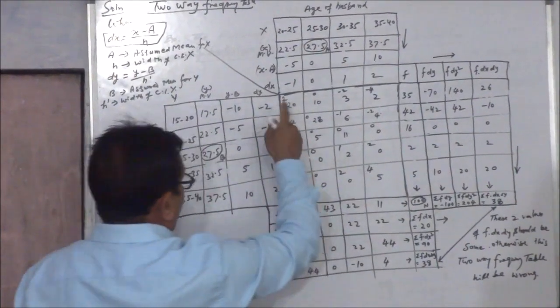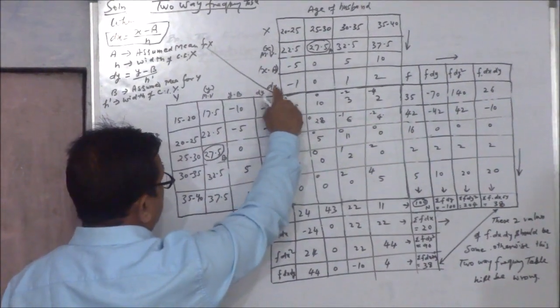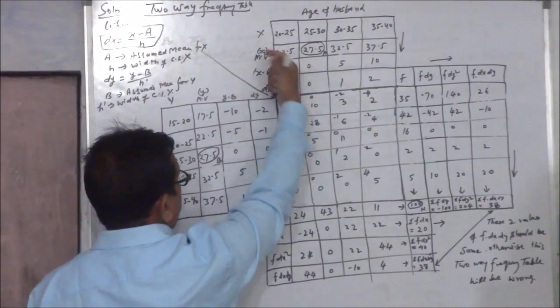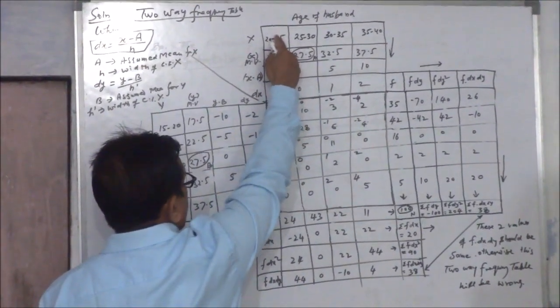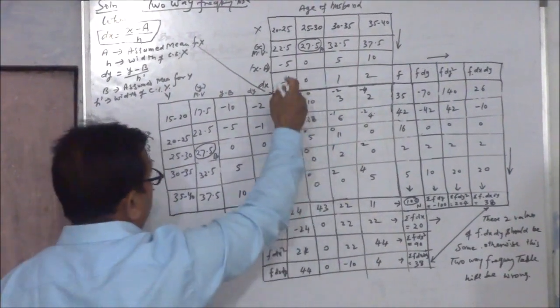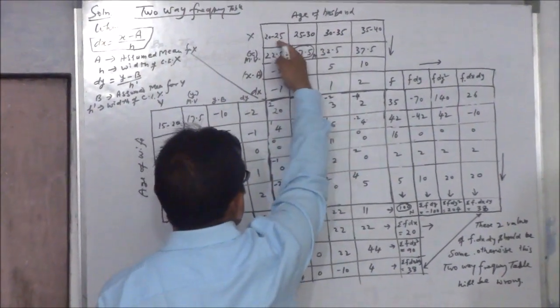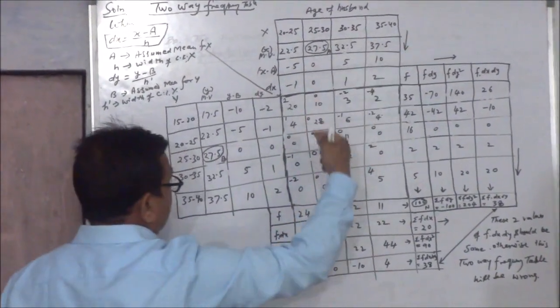Now after that you have to form another row. This is for dx. dx is x minus a upon h. This is the formula. h is the width of the class interval. Here in each case the width is 5: 25 to 30, 30 to 35, this width is 5.